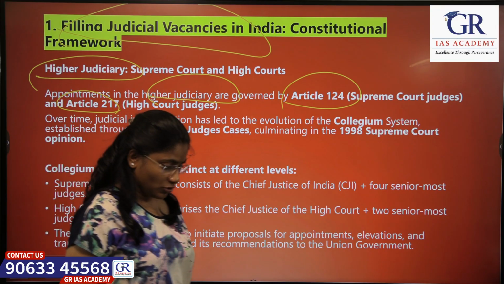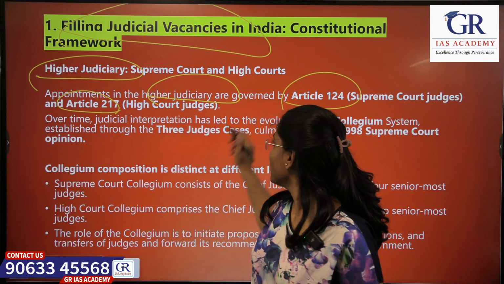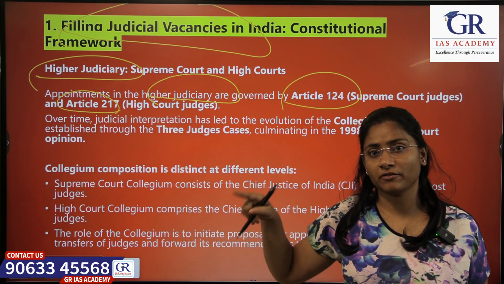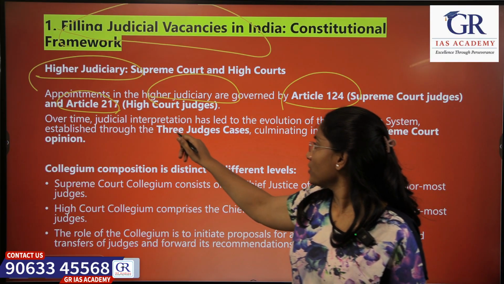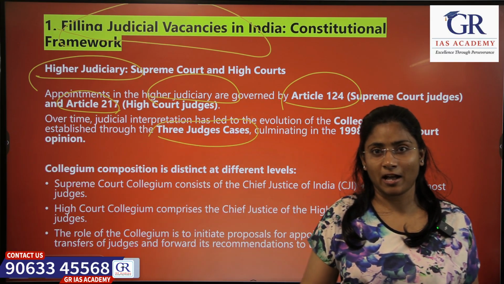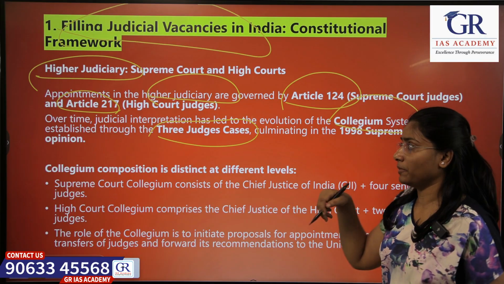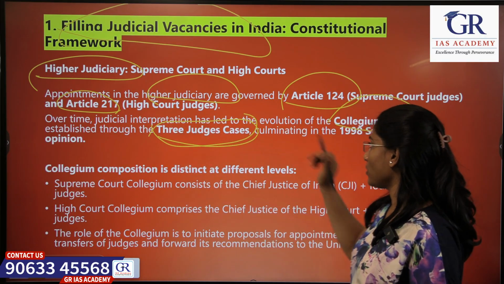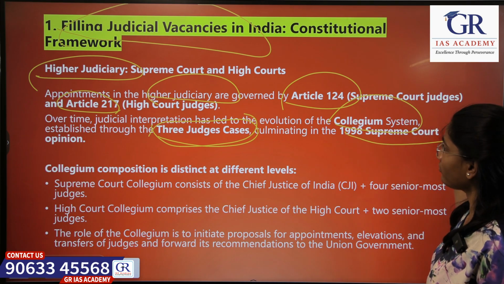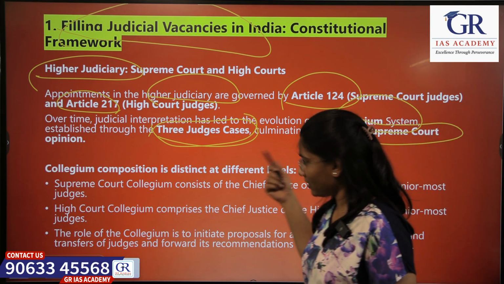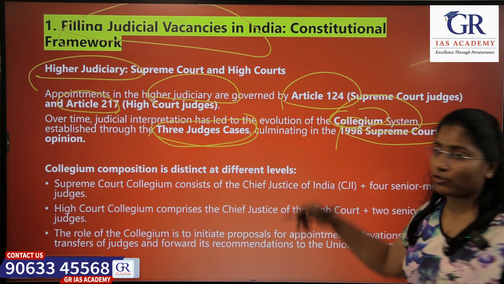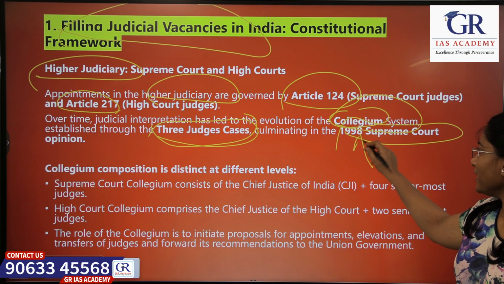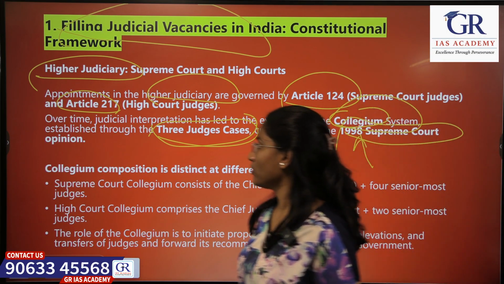Nowhere has it been mentioned how the judges' appointment will be done. That is why judicial interpretation happened and the collegium system has evolved, and three judges cases have been run on this system. This evolution of the collegium system ended with the 1998 Supreme Court opinion.